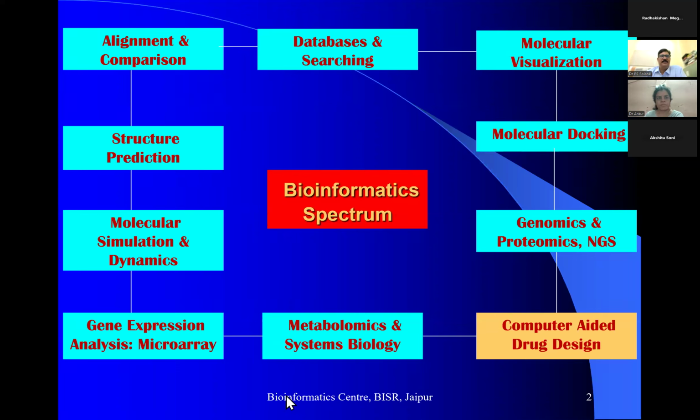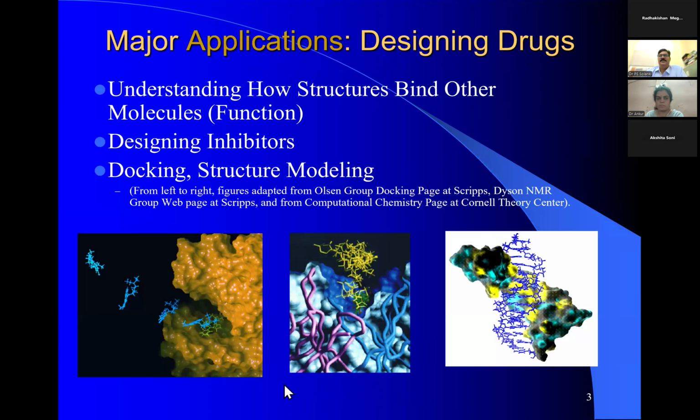Other areas include, for example, molecular docking, genomics, proteomics, and yes, metabolomics, systems biology, and computer-aided drug designing. This course is about computer-aided drug designing, and we have seen that one of the major applications of bioinformatics is designing drugs.